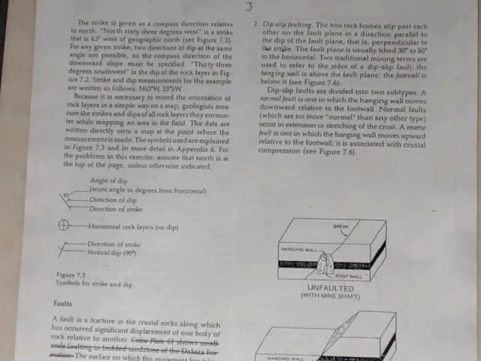So that second orientation symbol, the dip. Two rock bodies are going to slip past each other on the fault plane, but in a direction parallel to the dip, so vertical. But that is always perpendicular to the strike, if you remember that.